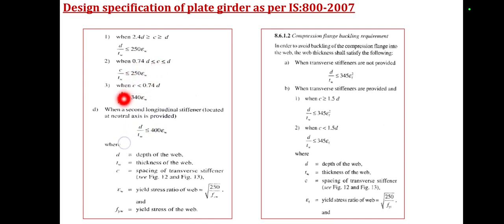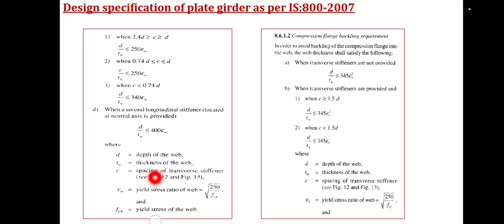So again there are two cases, and according to these cases the depth can be decided. Then when a second longitudinal stiffener located at the neutral axis is provided, d by tw is less than or equal to 400 epsilon w, where d is the depth of the web, tw is the thickness of the web, and c is the spacing of transverse stiffeners, according to figures 12 and 13.